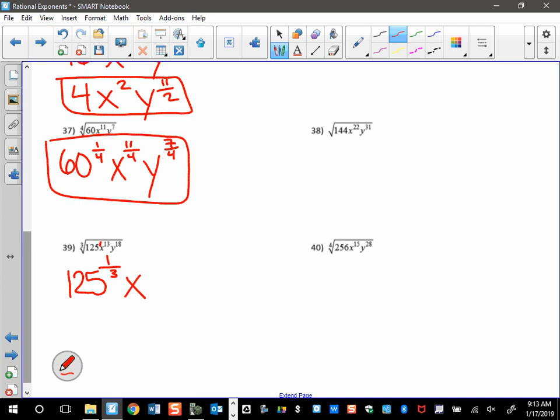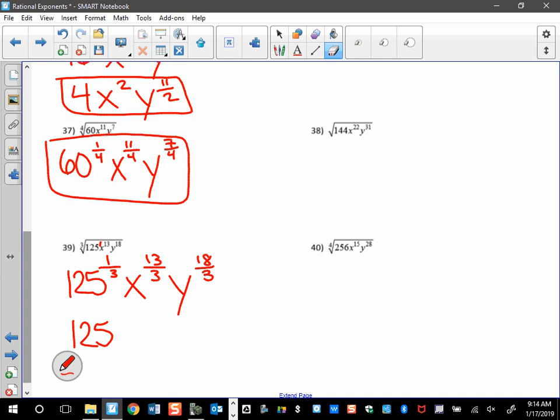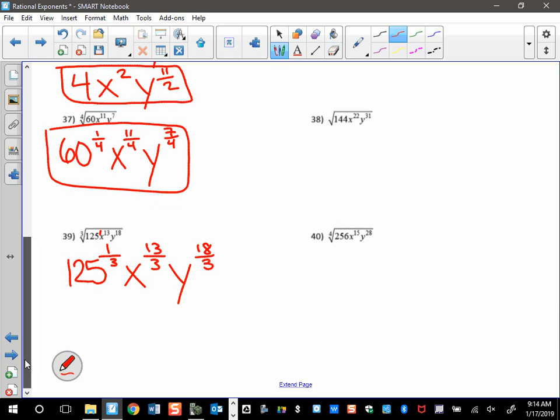Okay, X will be 13 groups of 3, and Y, 18 over 3. Okay, anyone, it can be Brianna, it can be anyone else. Can you do 125 to the 1/3? What is it? Can I divide 13 and 3? Can I divide 18 and 3?